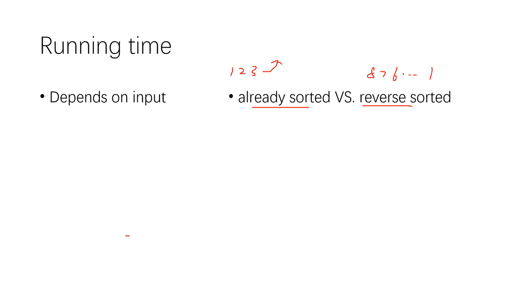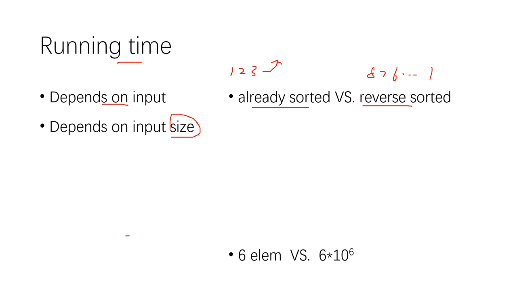It's totally reversed. So you need to compare all the numbers before it, and spend time to move the numbers. It takes a lot of time. So the running time depends on the input itself, and it also depends on the size of the input.